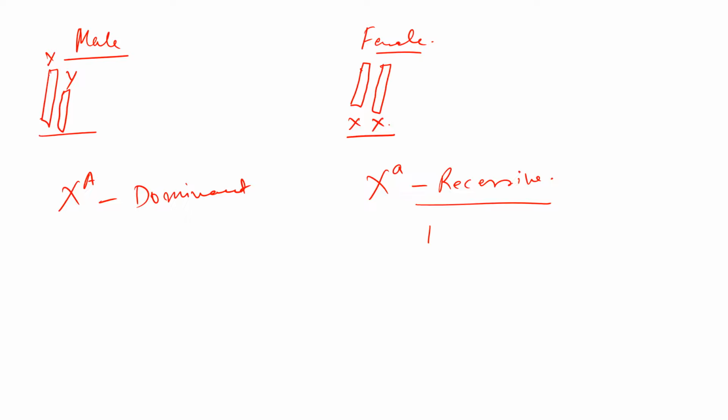Let's suppose this is an affected female. Her genetic makeup will be X small a, X small a. She will have homozygous recessive alleles, and any homozygous dominant or heterozygous female will be unaffected.